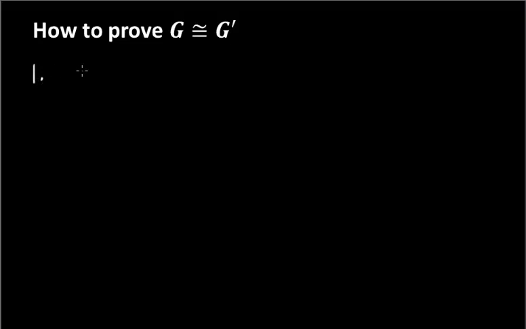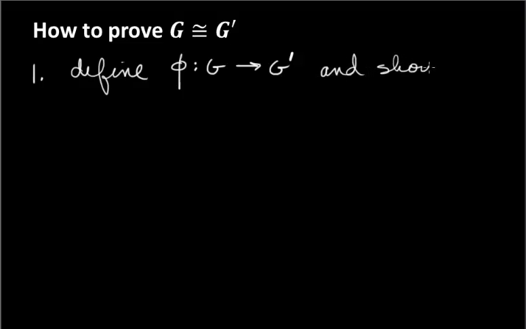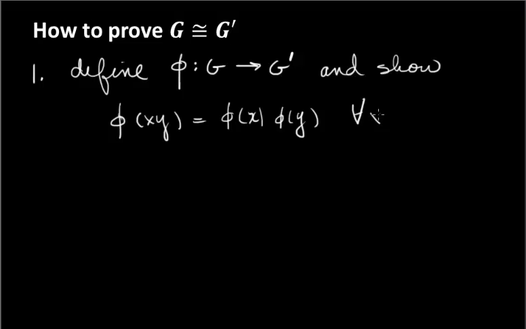Step 1, define phi from G to G prime, or from G prime to G. Define a mapping from G to G prime and show that phi of xy equals phi of x, phi of y for all x, y in G. Now you can show it for all x and y by just saying at the beginning, let x and y be in G. That makes them arbitrary.